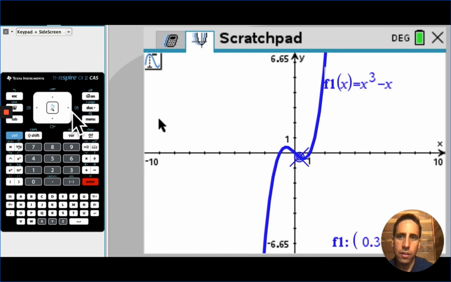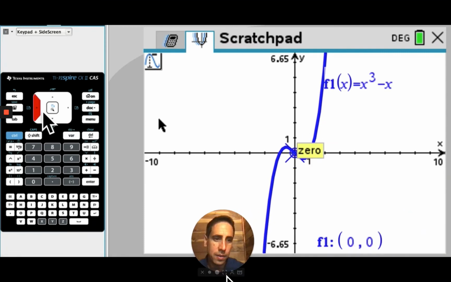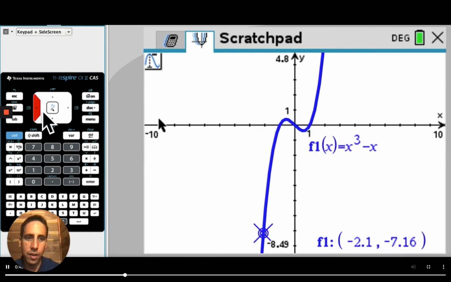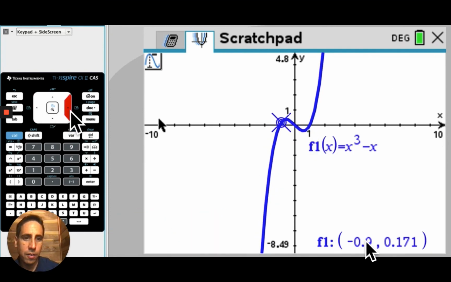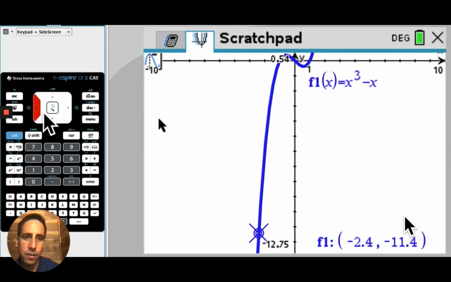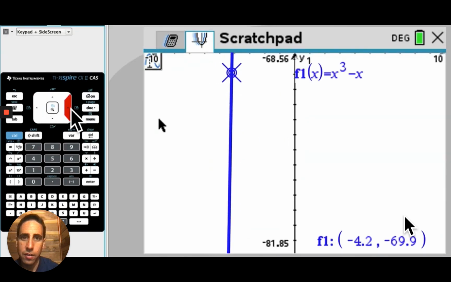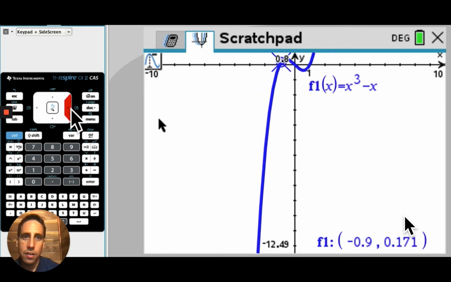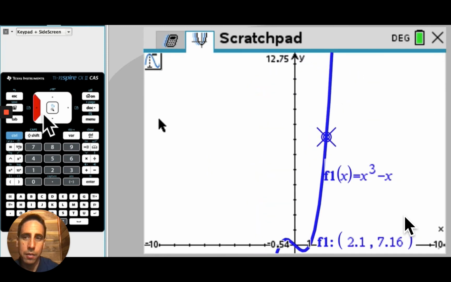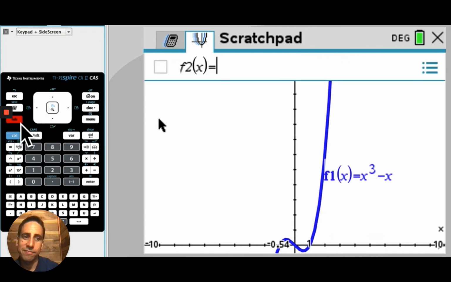As we move the arrows left and right, increasing or decreasing the x values, you can see these numbers down here. It tells you where it is, and it traces the graph. Kind of handy to have. It goes all the way up to the top, down to the bottom, and then back up again. Isn't that fun?